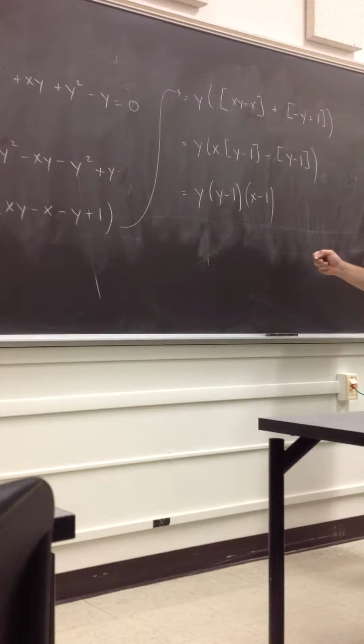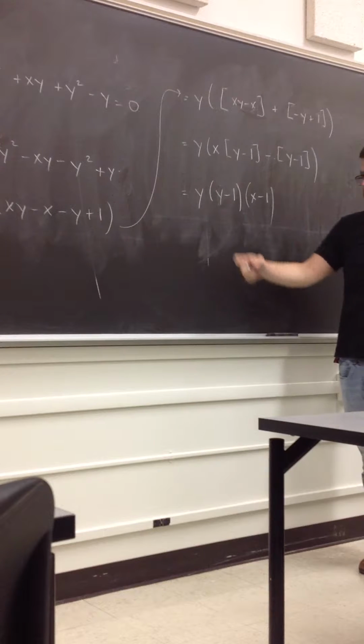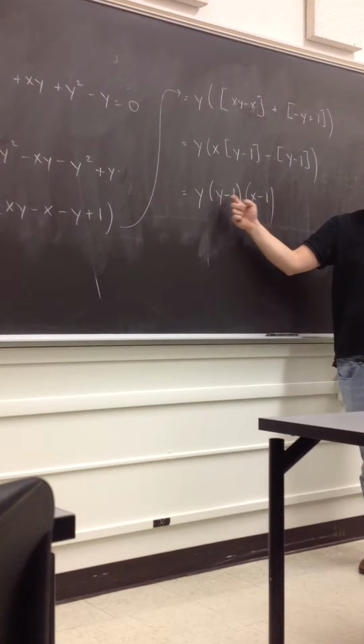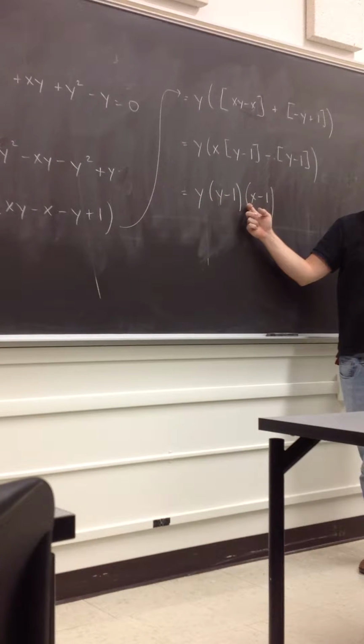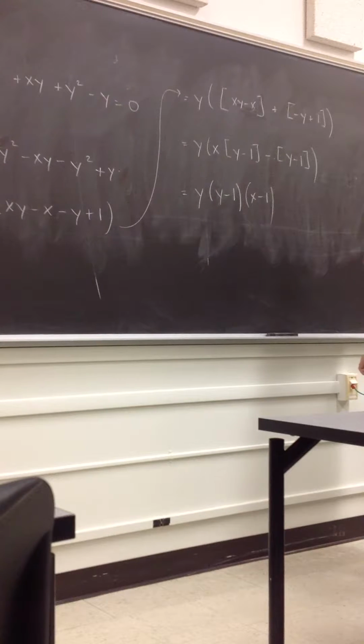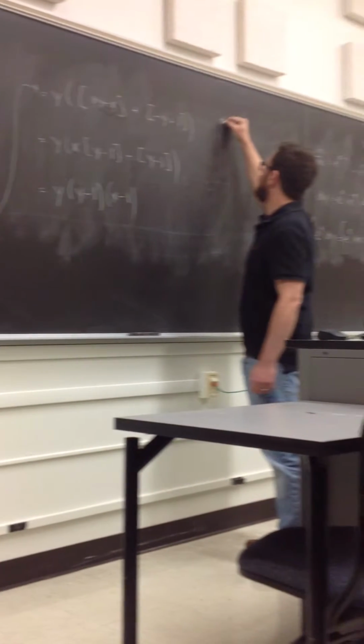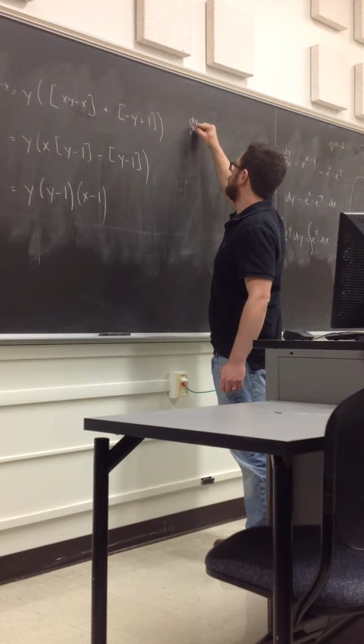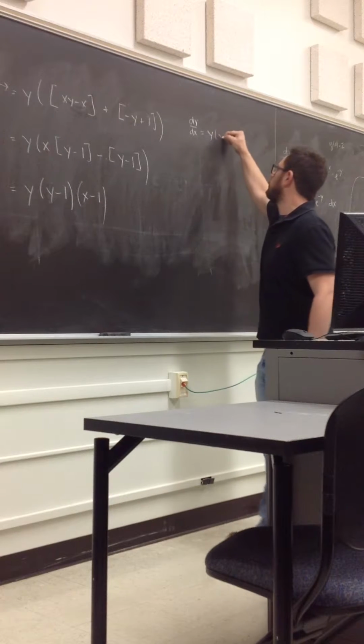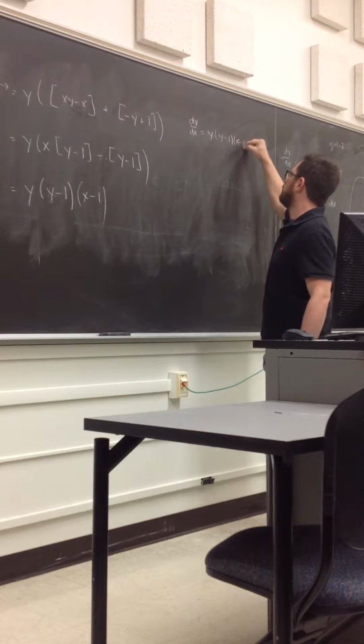Now it's clearly separable. We have 3 factors. This only contains y, this only contains y, this only contains x. So it's separable. So let's write it in differentials. dy/dx equals y times y minus 1 times x minus 1.